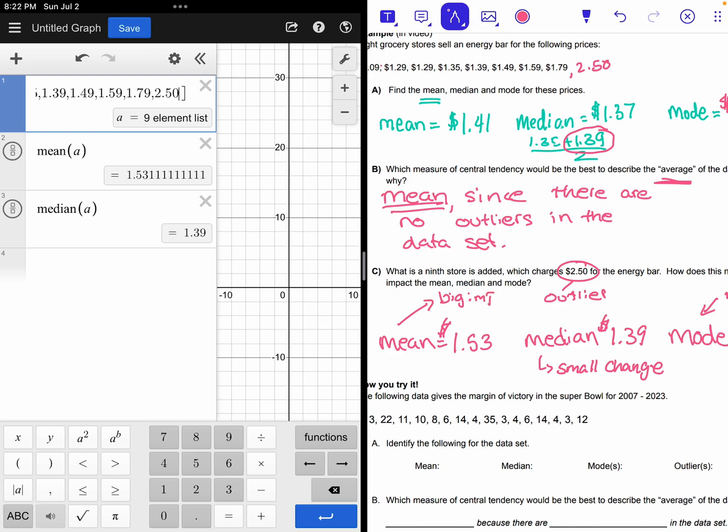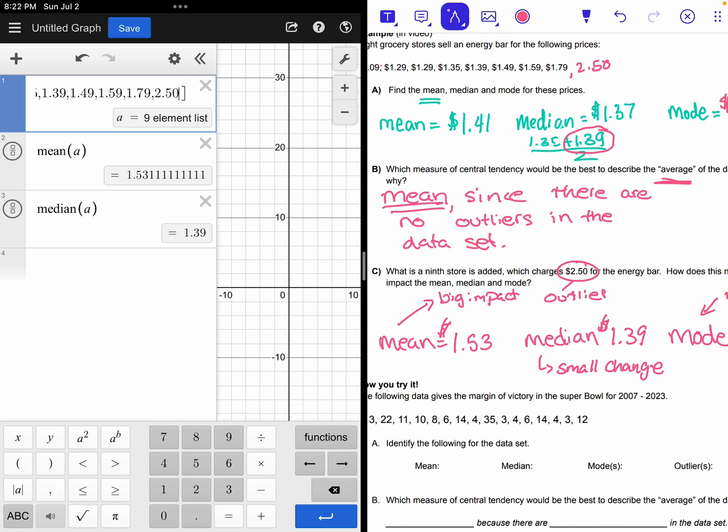And that's why when we say, what measure is the best way to describe the center, if we have those outlier points, we really don't want to use the mean, because those outliers are going to have the largest impact on that mean value.